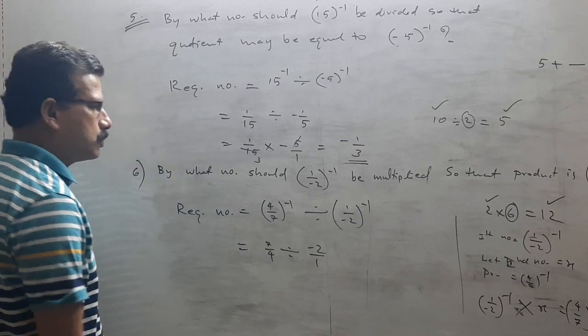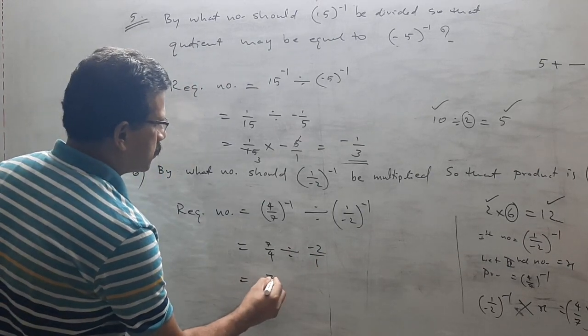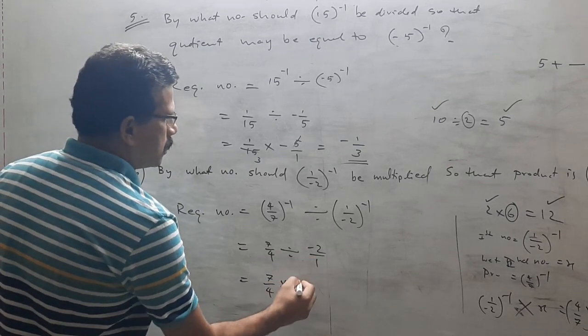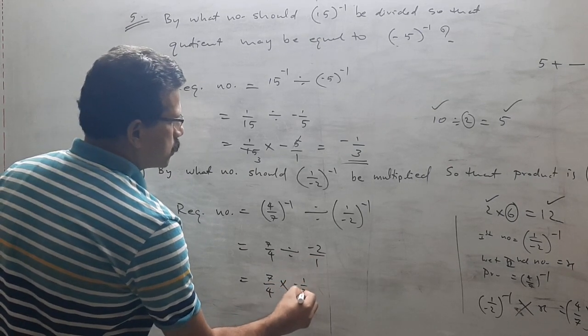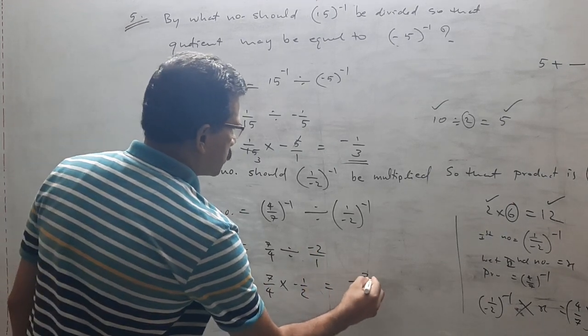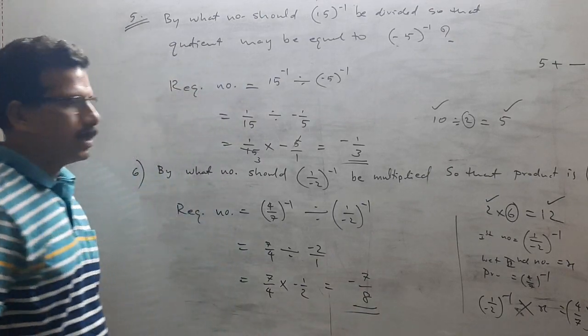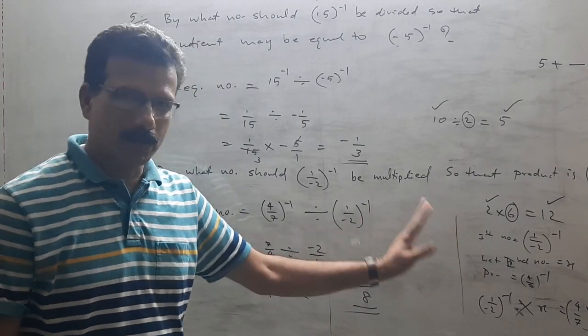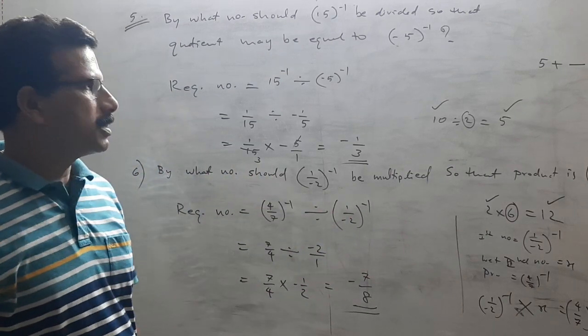Minus 2 by 1, minus 2. Now division means 7 by 4 multiplied by the reciprocal, again minus 1 upon minus 1 by 2. 2 by 1, 1 by 2, minus is there already, that is minus 7 by 8, the answer. I hope you are understanding. If you are doing it with this method, no issue, no problem, that is also perfect. But we can simply get it here.